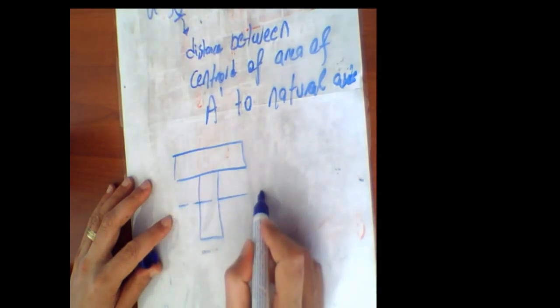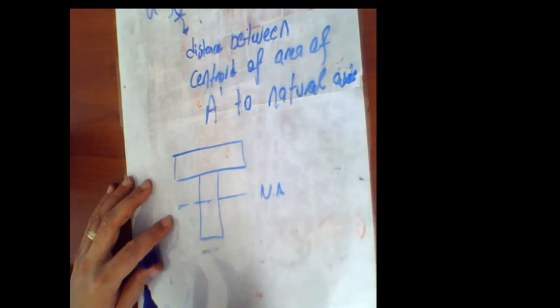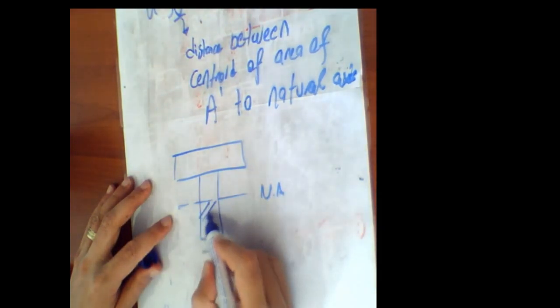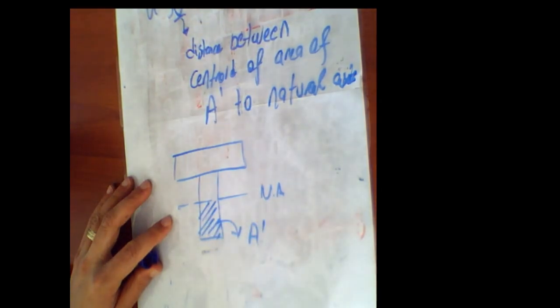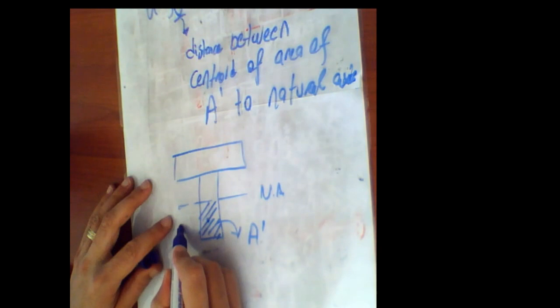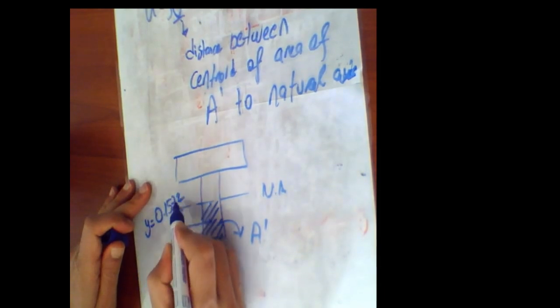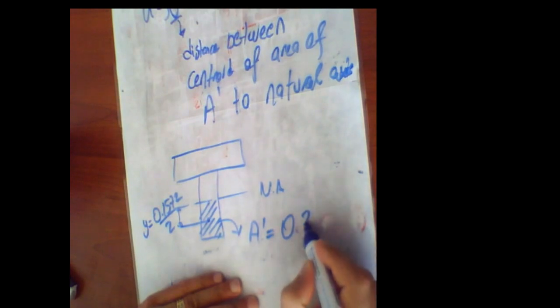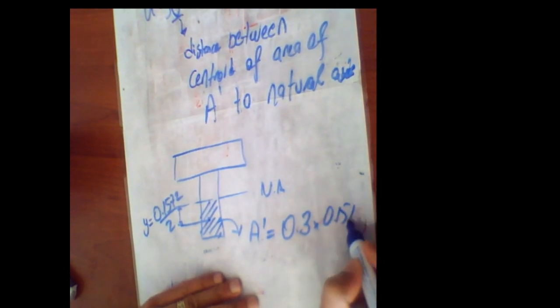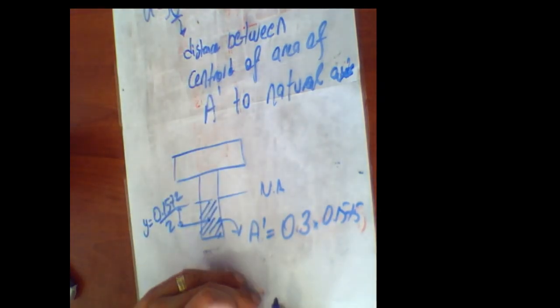Here is our natural axis, and I said the most critical point is the natural axis. This we call A prime. The centroid is here, therefore Y is equal to 0.5 over 2. This area is 0.3 times 0.1575. If I multiply these, we obtain Q.